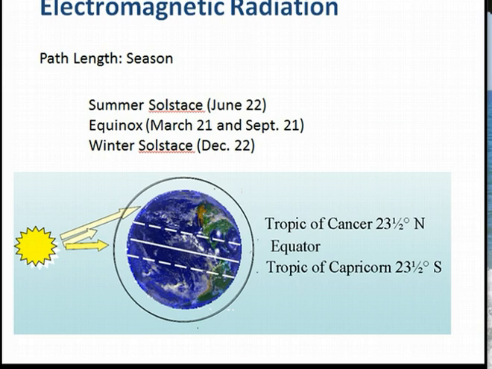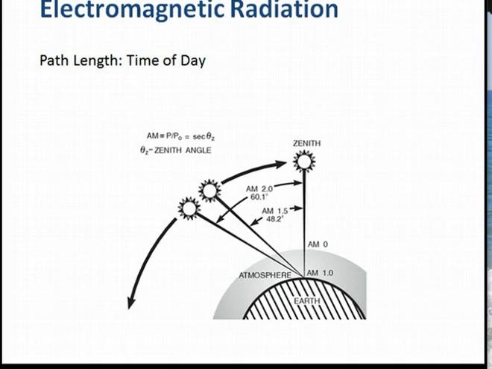If possible, we can also choose to acquire imagery during the season when we know the sun is highest in the sky. Another variable that you can sometimes control is the time of day that you're acquiring your imagery. So anytime the sun is lower in the horizon, be that because of the season or because of the time of day, the light has to pass through the atmosphere at an angle, which makes for a longer path.